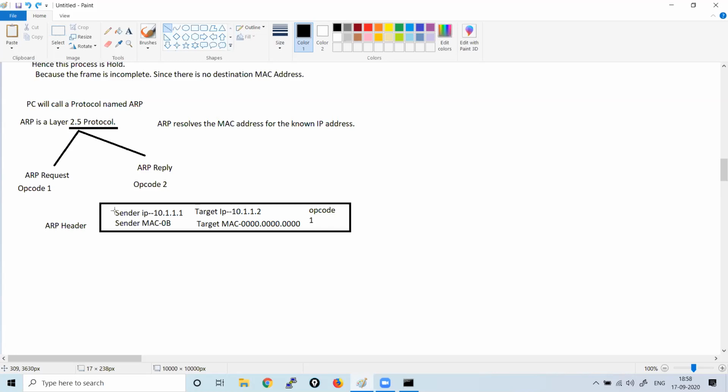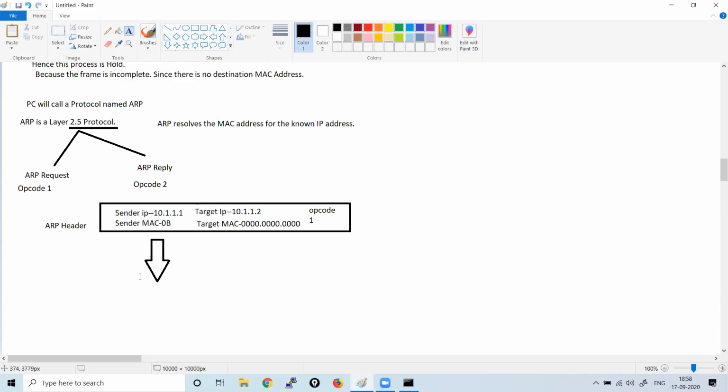Now, the job of the ARP header is done. Now this ARP is handed over to which one? Layer 2. Correct. There is no IP involved over here. Remember that. Meaning the IP protocol is not involved in this one. That is what I'm trying to mention.